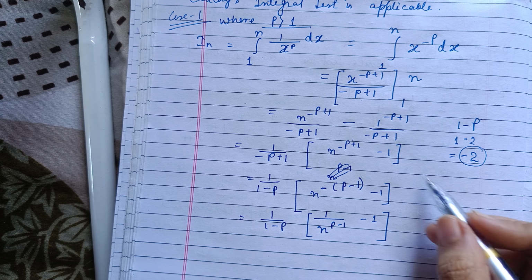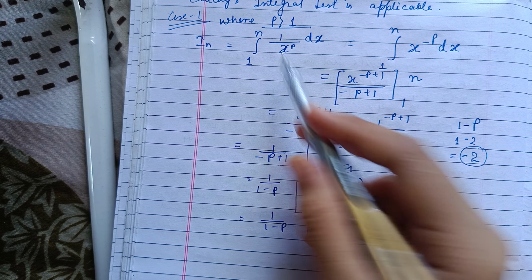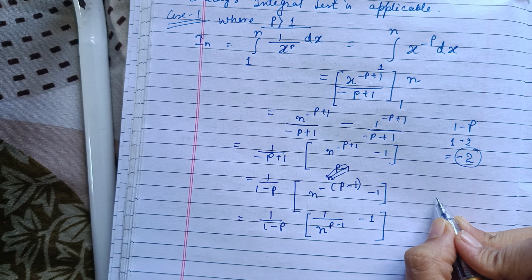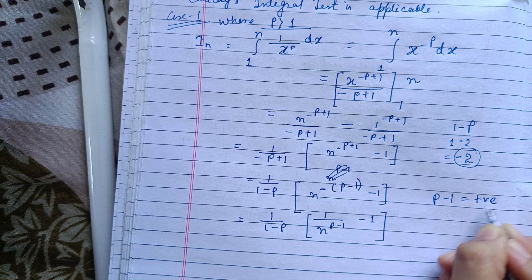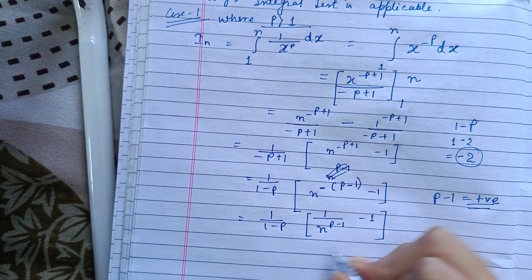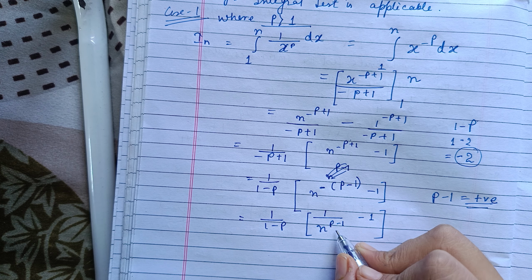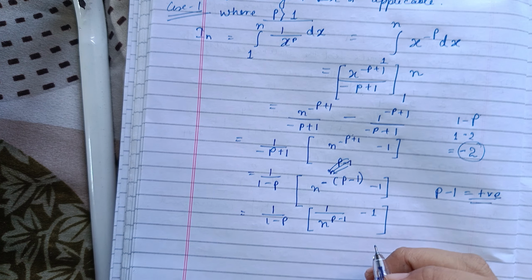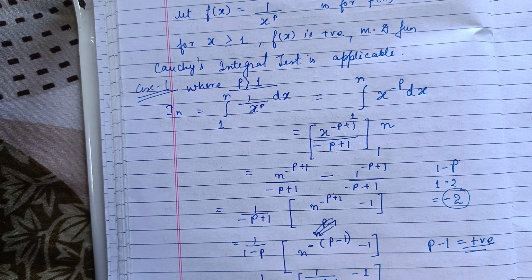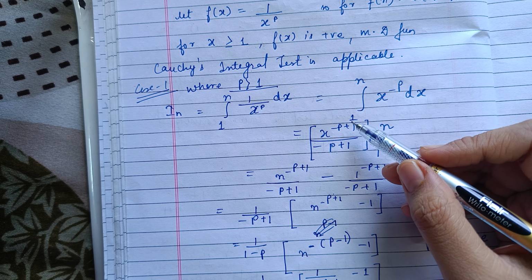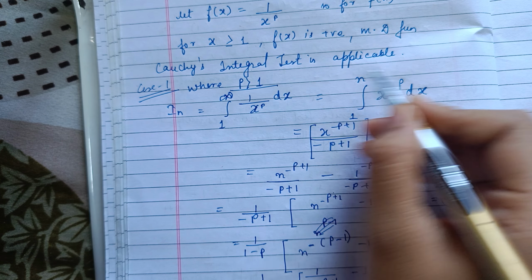Now, why are we doing this? Because we have considered that p is greater than 1. So, p minus 1 will give you a positive result. So that's why this entire power is positive. Actually, why are we considering this? Because we have taken the limit as 1 to infinity. Sorry, I have written here n, it is infinity.